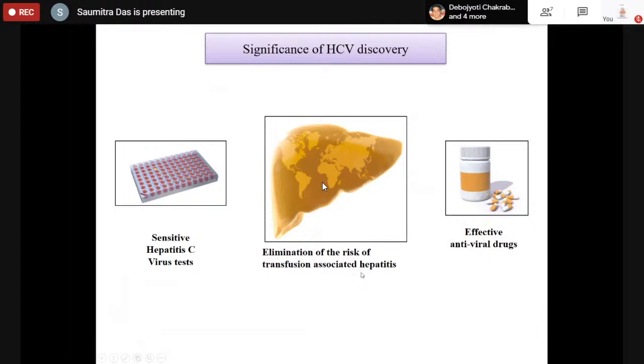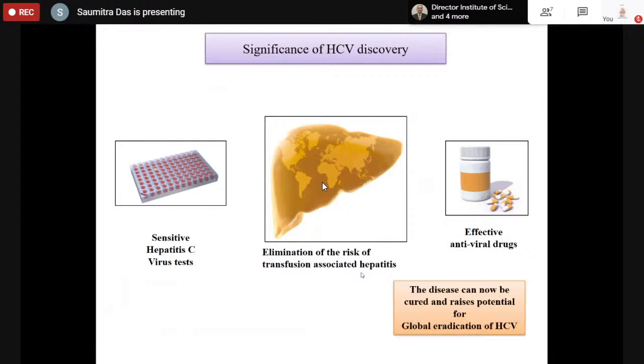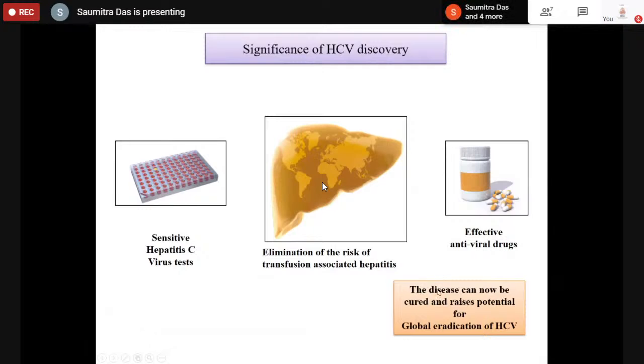So the risk of transfusion-associated hepatitis was now under control. Not only that, there are now effective antivirals like tenofovir or sofosbuvir being used, and the disease can now be cured, raising the potential for global eradication of the hepatitis C virus.